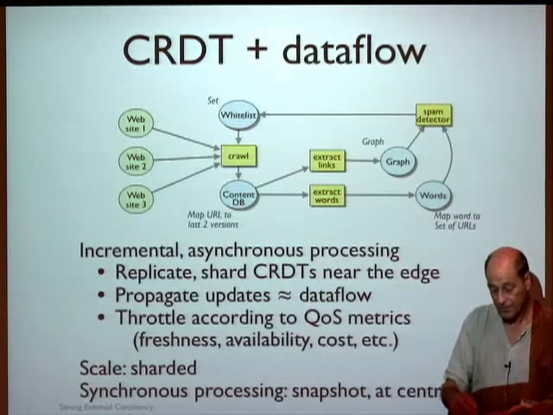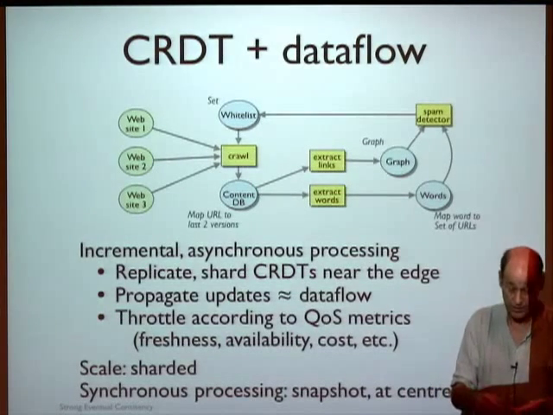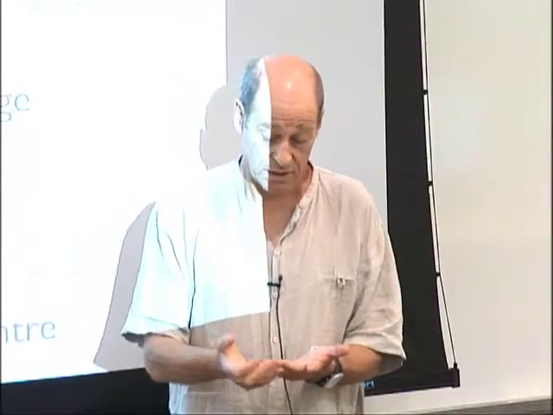We combine the three things. One is CRDTs, the other is sharding in order to scale, and the other thing is using a data flow approach in order to do your updates incrementally, right? And to just push them down the data flow.